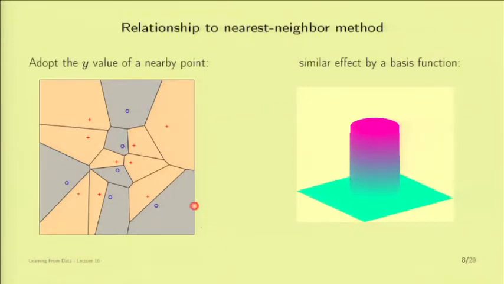Okay. So in both of those cases, it's fairly brittle. You go from here to here, you immediately change values, and if there are points in between, you keep changing from blue to red to blue, and so on. In this case, it's even more brittle. So in order to make it less abrupt, the nearest neighbor is modified into k nearest neighbor.